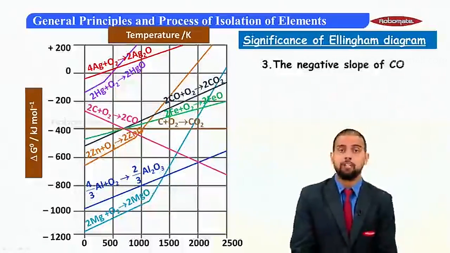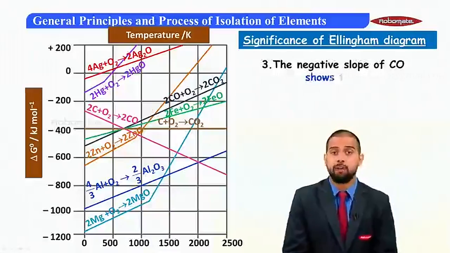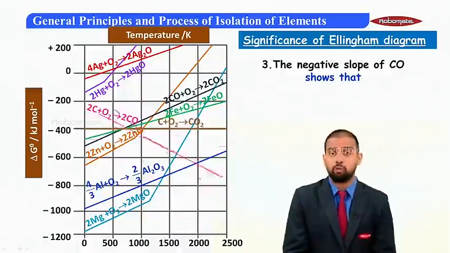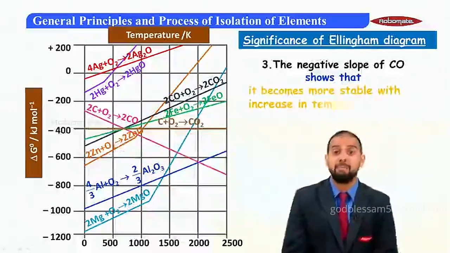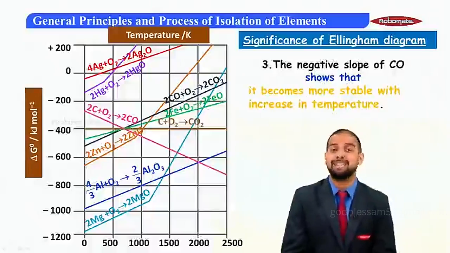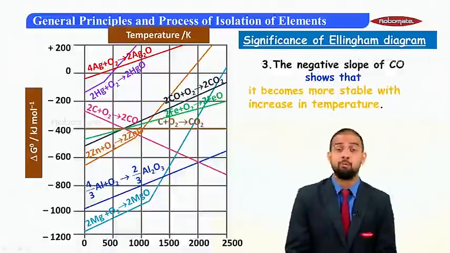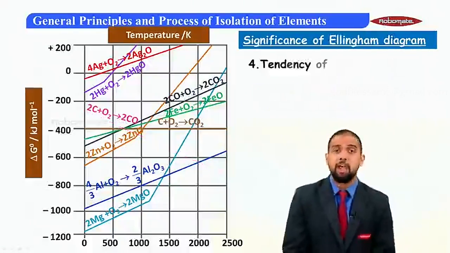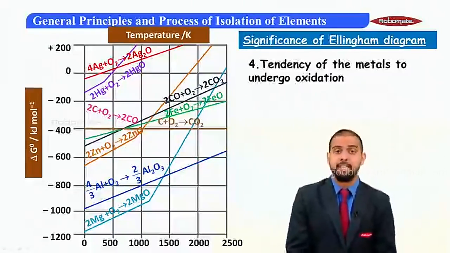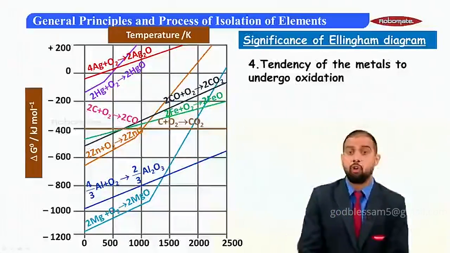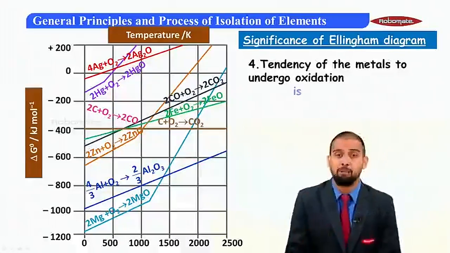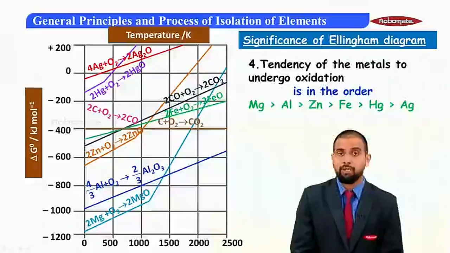Talking about the third significance, the negative slope of carbon monoxide over here shows that its stability increases with increase in temperature. Yes students, the negative slope of carbon monoxide shows that it becomes more stable when you increase the temperature. And the fourth significance is that the tendency of the metal to undergo oxidation, or the tendency of the metal to take up oxygen, goes in this order: magnesium, aluminium, zinc, iron, mercury and silver.